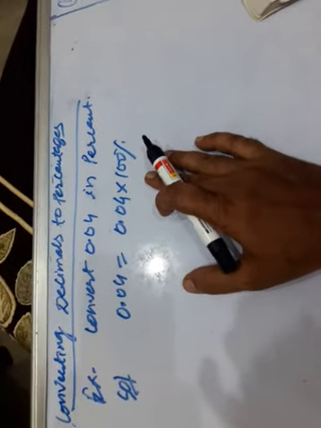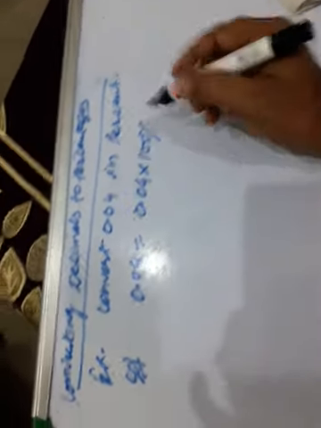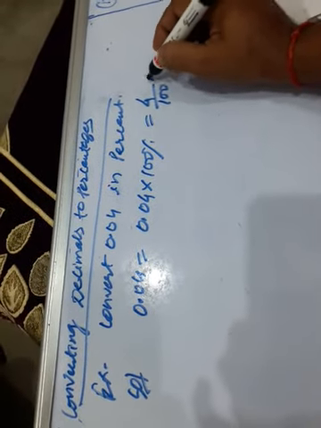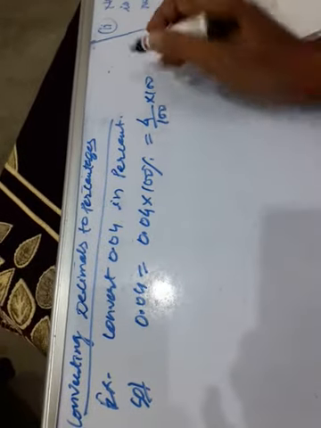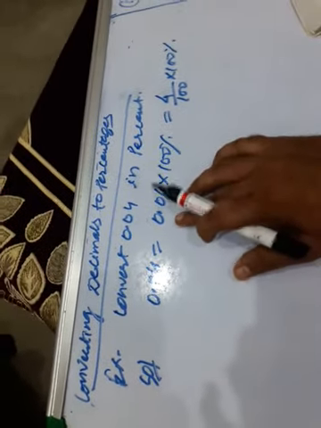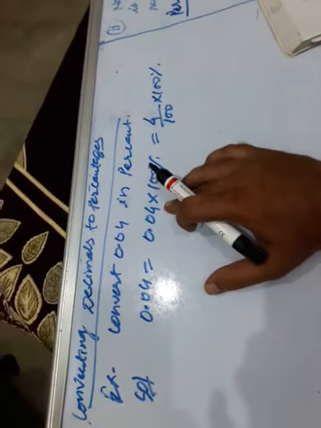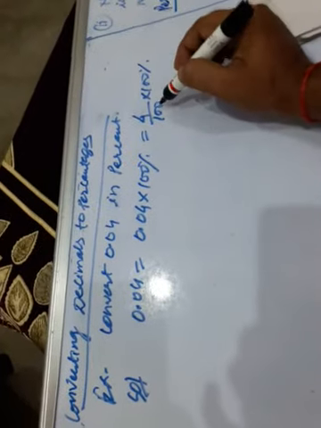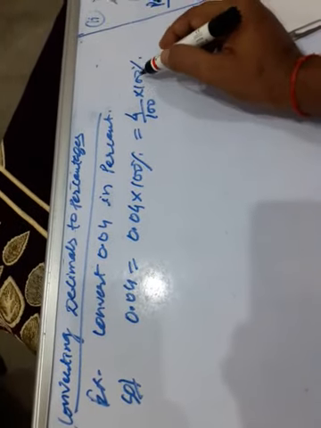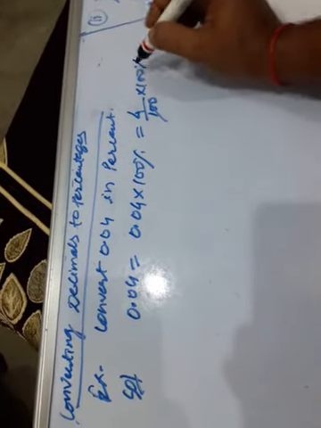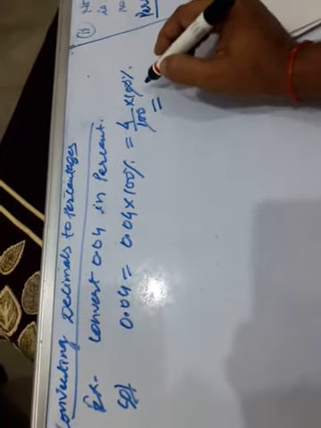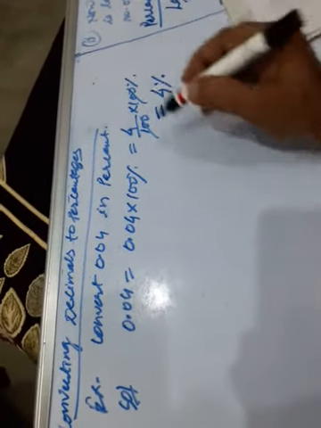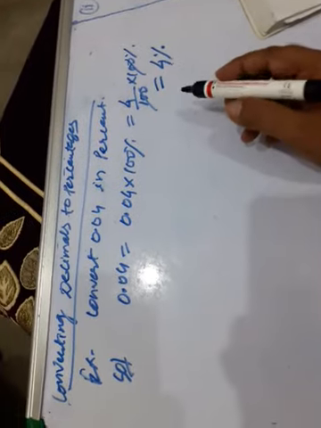Then how will you do this? 0.04 equals 4 upon 100, that is 4 upon 100 multiplied by 100%. Clear? The 100 and 100 got cancelled. And this is equal to 4%. 0.04 has been converted into percentage and it is now 4%.